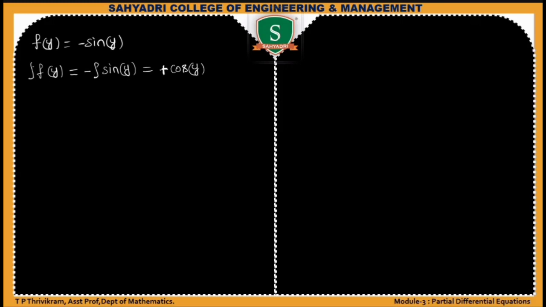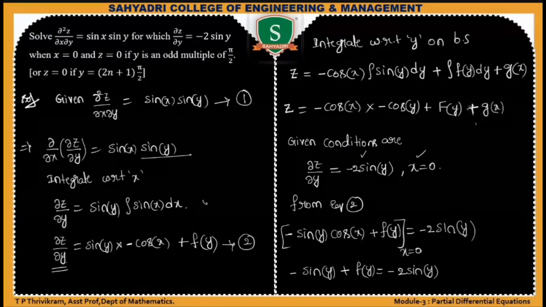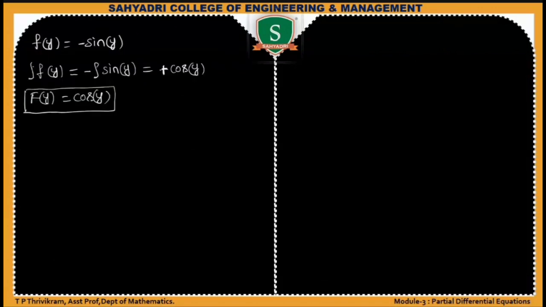Finally this integral of f of y is called capital F of y, which is equal to cos y. One arbitrary function we have found. Take this solution as equation 3 and this one as equation 4.